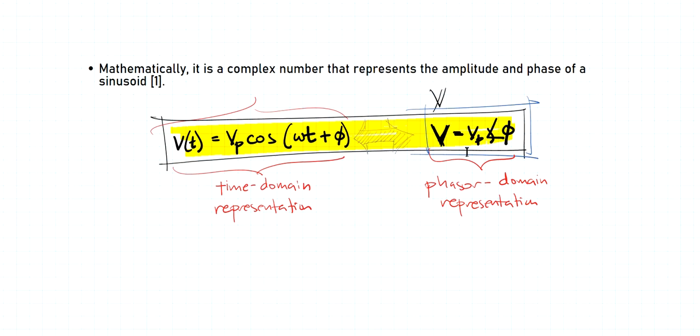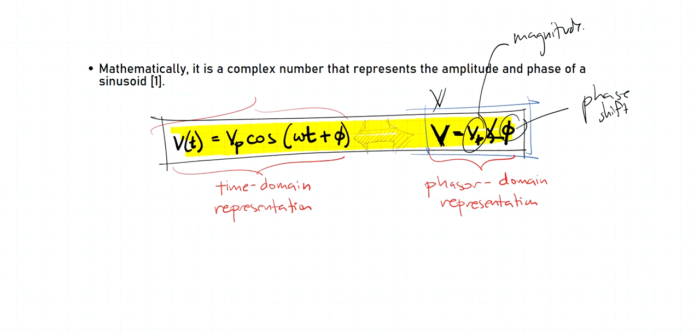V is equal to V, the magnitude. Let's write it here. This is the magnitude, and this one is the phase angle or the phase shift. Okay, so again, that's the angle symbol, and the angle is the phase shift.